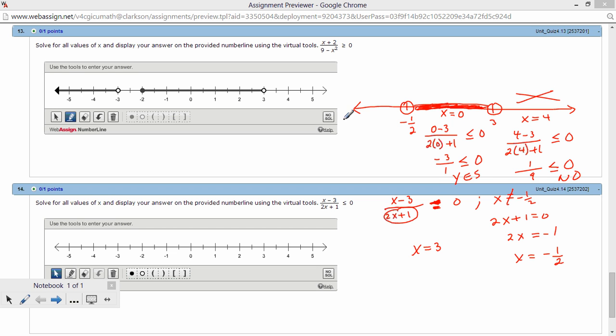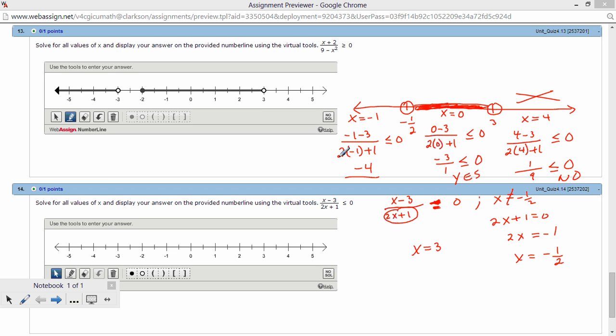All right. And finally, a number less than -1/2, maybe a -1. We have -1 minus 3 over 2 times -1 plus 1. Is it less than or equal to 0? So we got -4. So your numerator is negative. Okay. That doesn't tell us everything. We need to know what the denominator is as well.